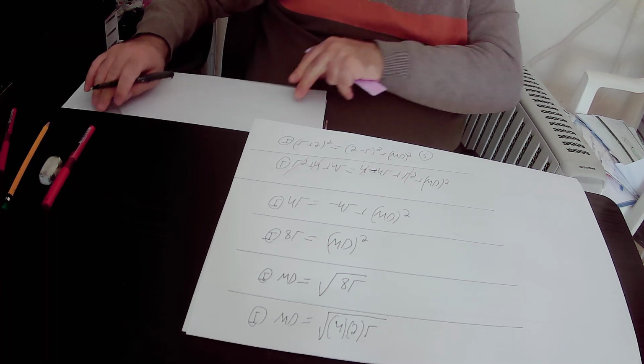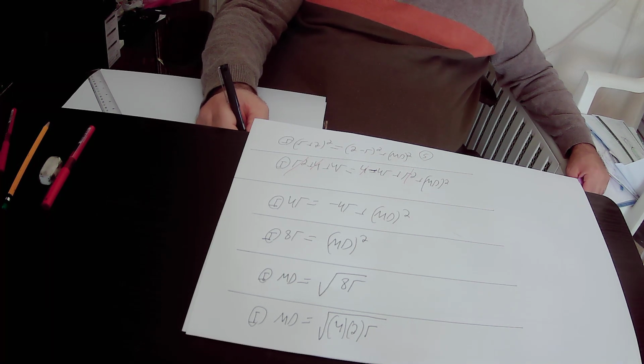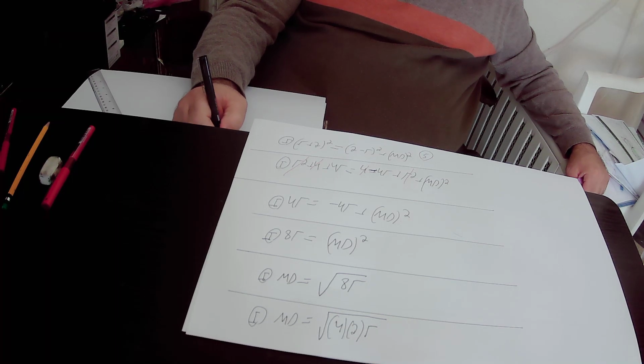We will get that according to equation number 1, md equals to 2 times square root of 2r.